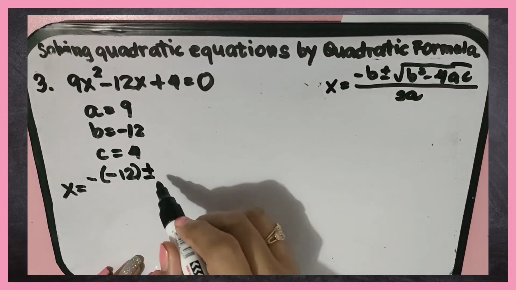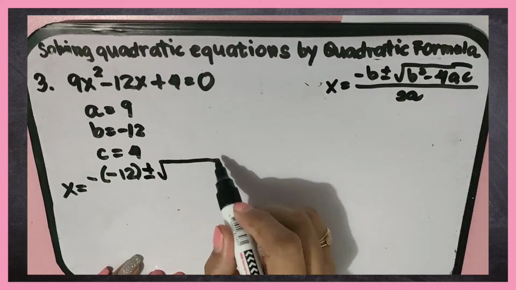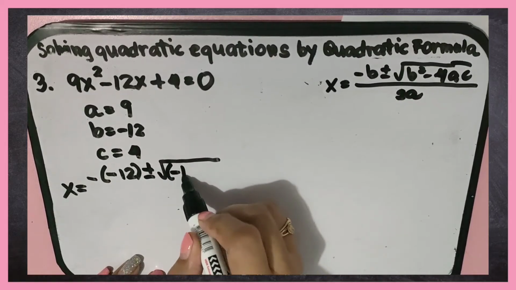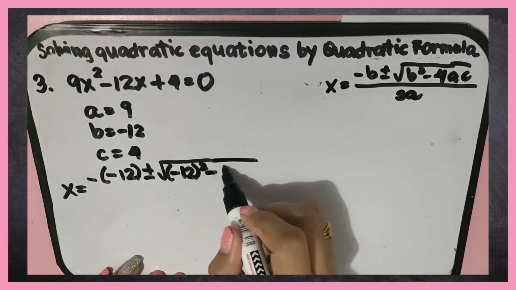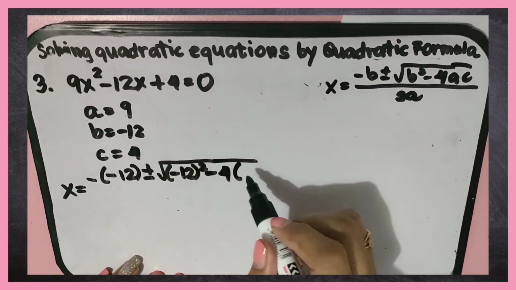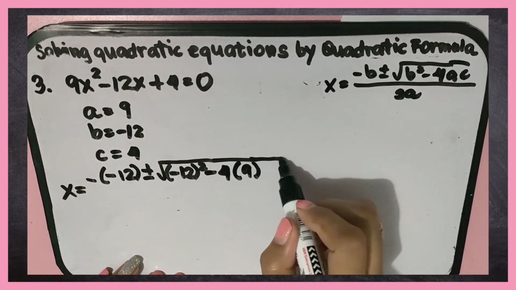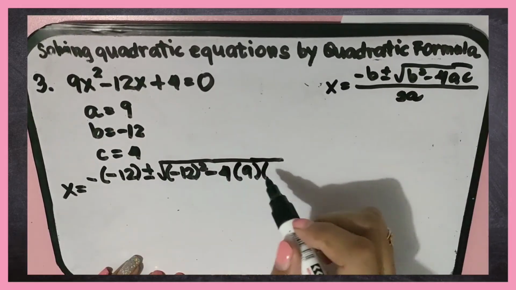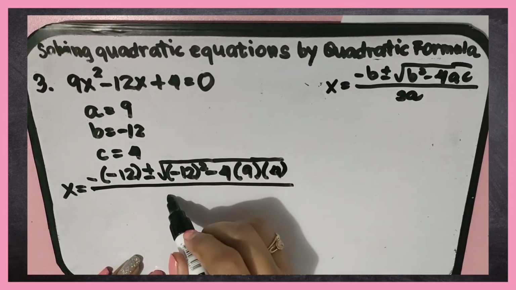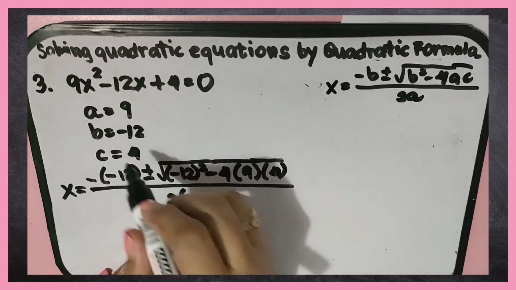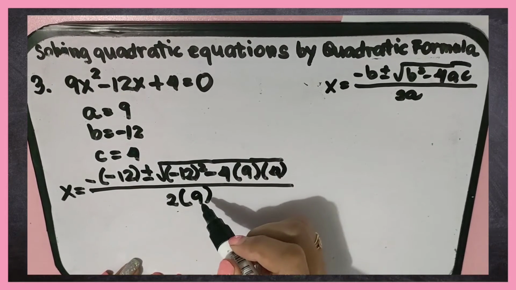Then, positive, negative, square root of b squared minus 4, and then a is 9, then c is 4, all over 2, and then a is 9.